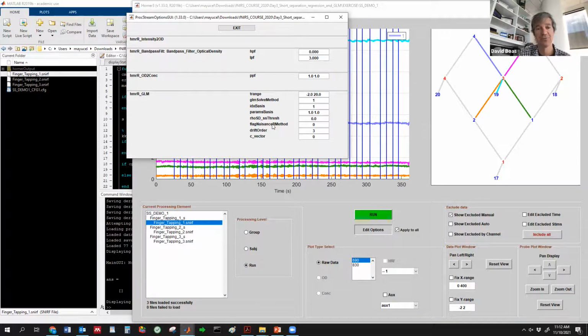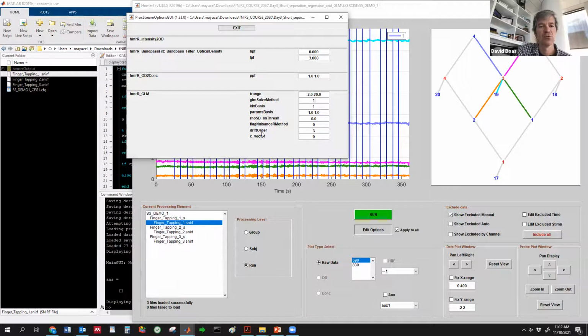So that's another option as well. There's option 3, which is a more advanced topic that Miriam introduces next week, which is something we recently published that performs even better than this straight GLM approach for short separation regression.